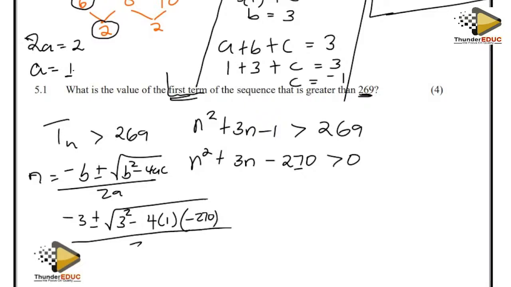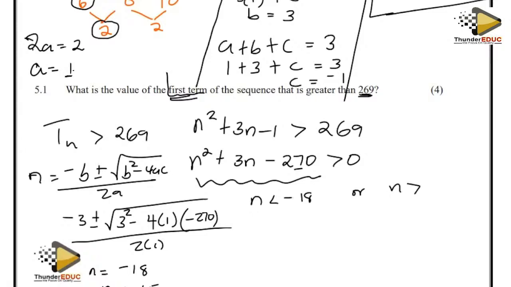Then I'm dividing it by 2 times 1. So the first n that I'm getting is negative 18, and then the second n I'm getting is a 15. So remember, since this whole thing is greater than 0, n must be less than negative 18, or n must be greater than a 15.